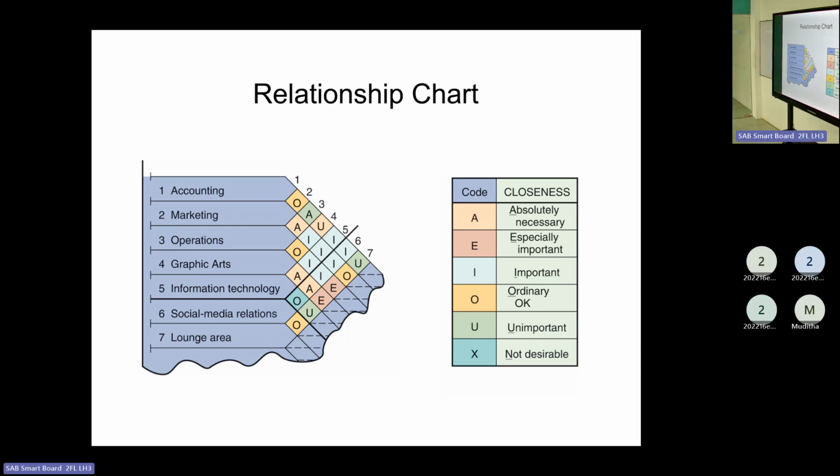But had there been one, yes, there is one or two, we need to particularly locate them away, not close by. Those are the two main important concerns. One is absolutely necessary, and then undesirable, and then of course other priorities like especially important.